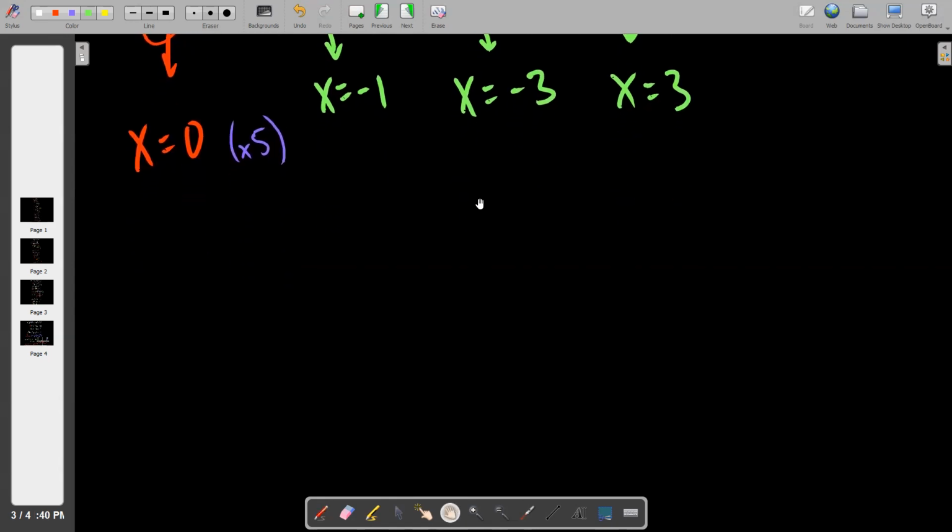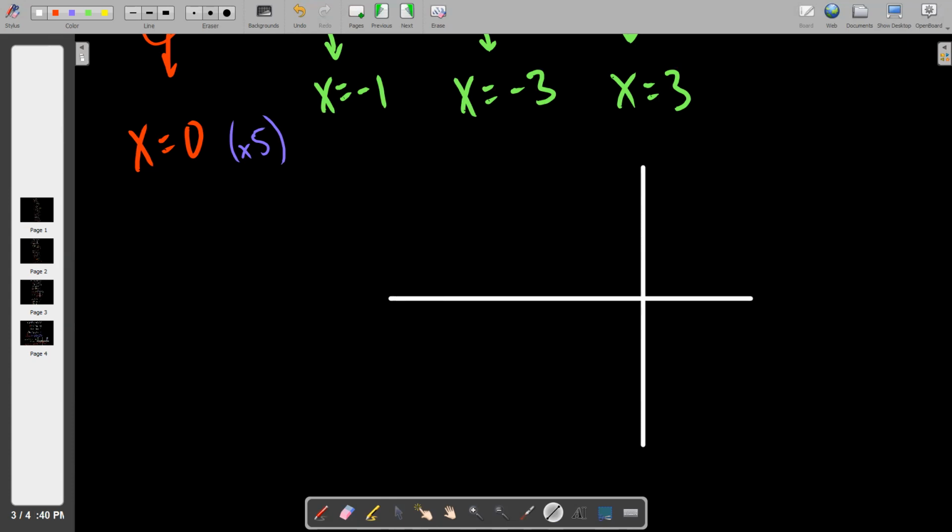The multiplicity will factor in at the origin, at 0, it's going to have some bendy behavior. This one goes from -3 to 3. So again, I'm going to just try to keep it symmetric here. And my first 0, if I'm coming in from the left to the right, occurs at -3.